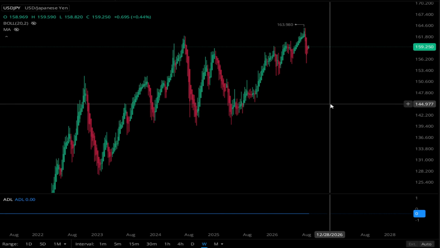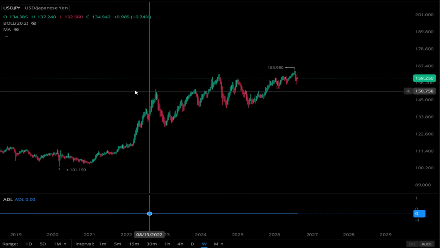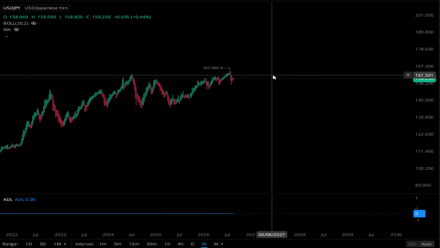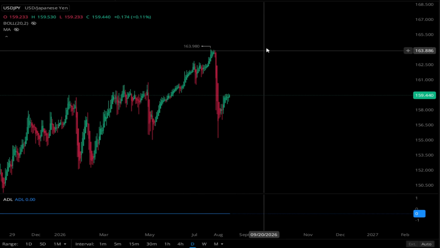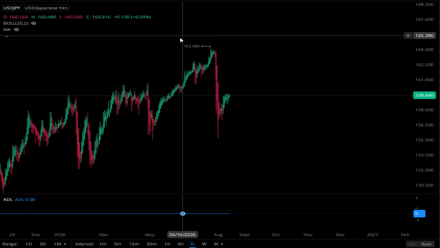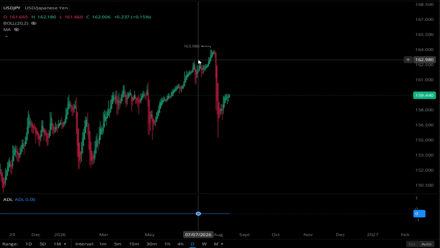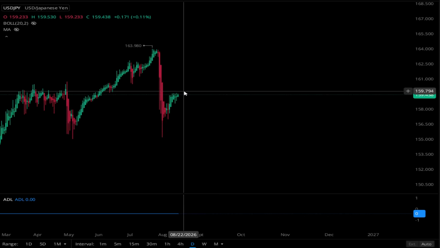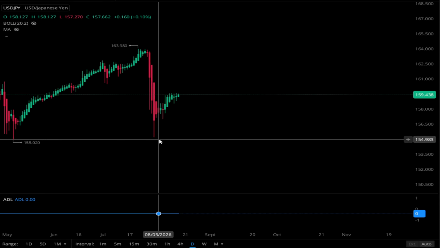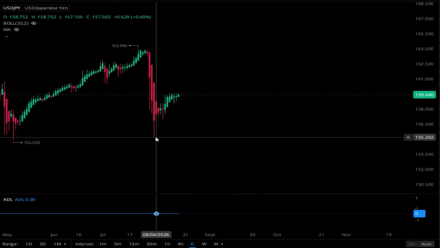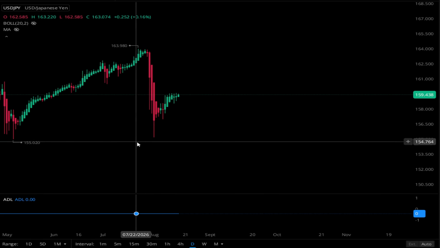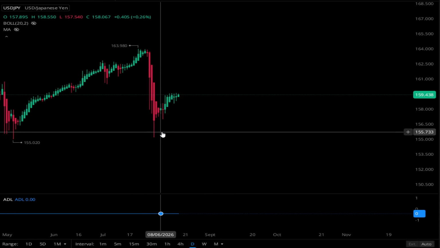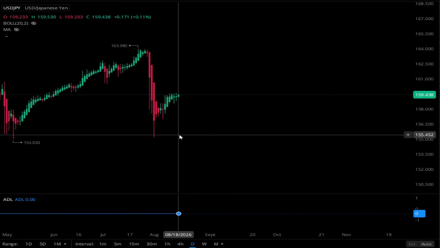Well, looking on the weekly time frame, we're at all-time highs essentially. We're very, very close to all-time highs. We were at the 163, almost 164 per $1, but they did pump hundreds of billions of dollars of USD into buying the yen to try to strengthen it, and that has done nothing at this point.